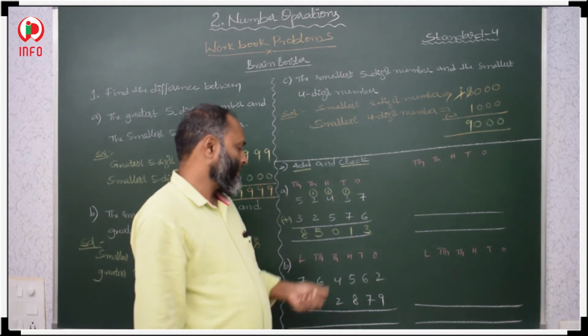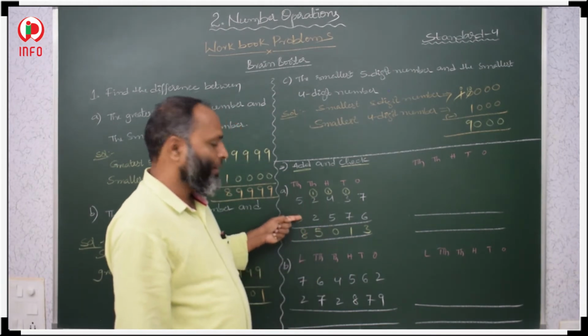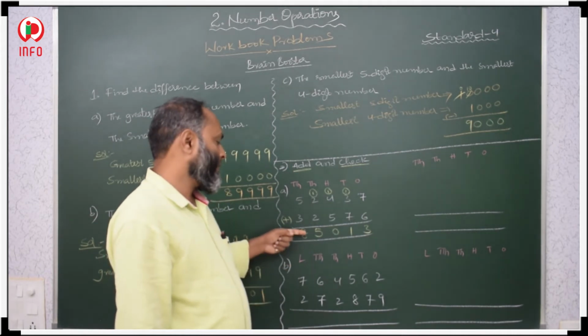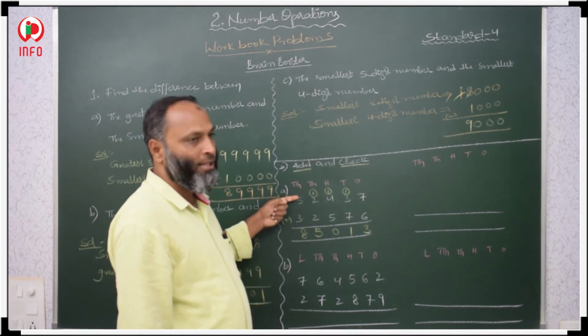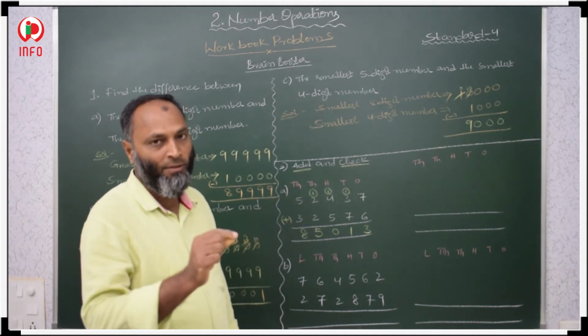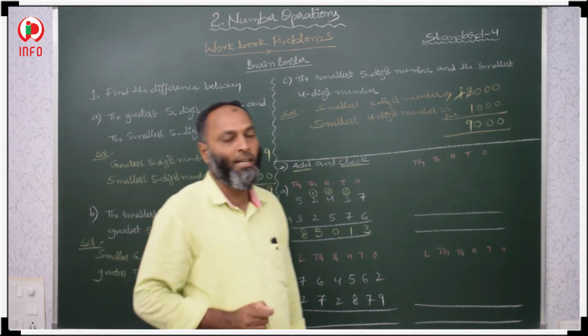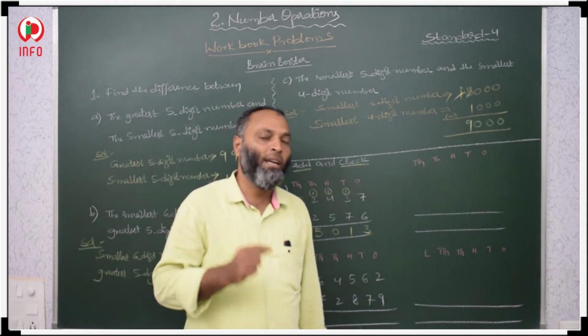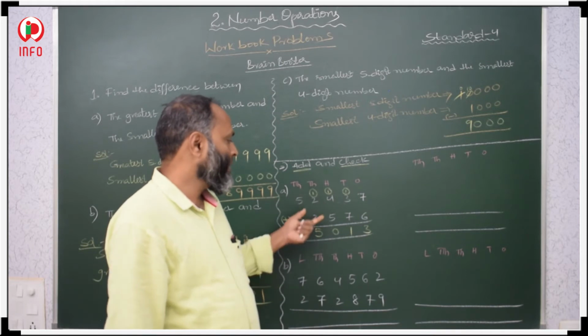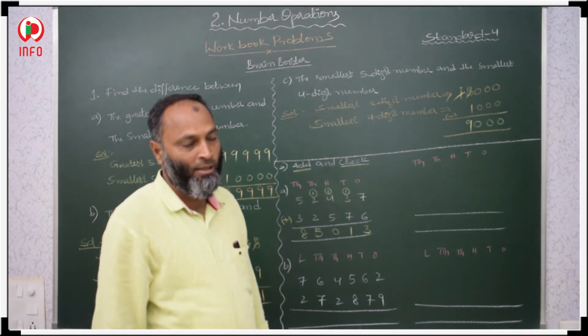You use subtraction. If you take the sum and subtract one addend, you will get the other addend. So, sum minus first addend is equal to the second addend. Sum minus second addend is equal to the first addend. That is your choice. From the sum, which addend do you want to subtract?